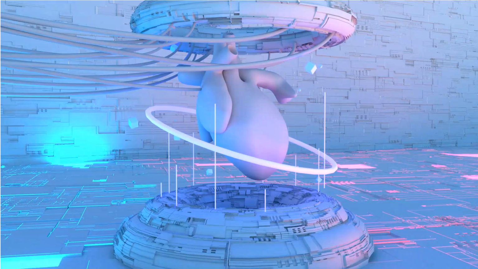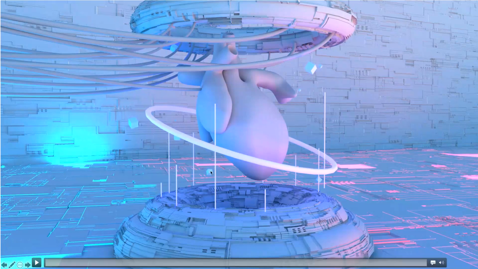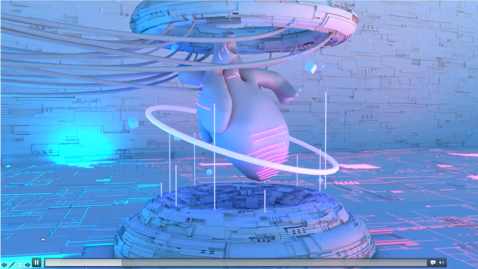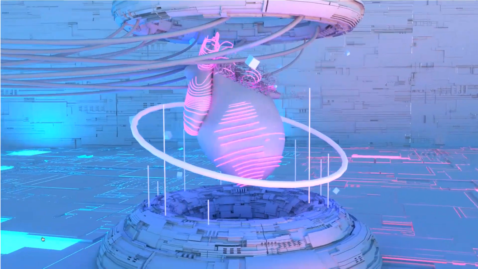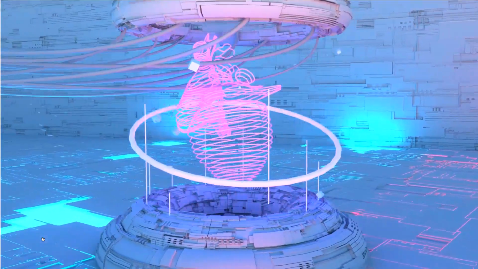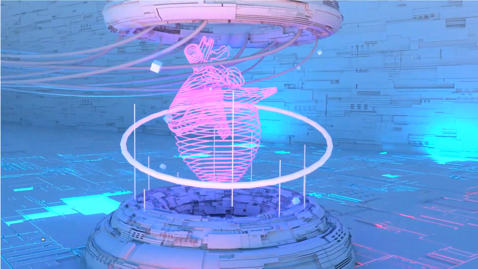But this task allowed me to get in touch with and understand the manufacturing process of 3D models. In the future, I expect that I could express my artistic views and opinions through 3D CGI.